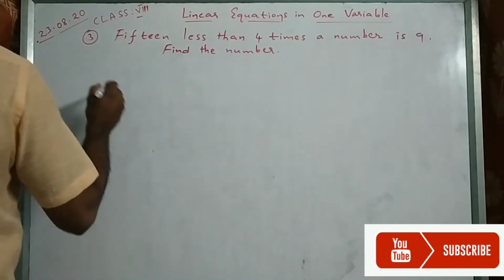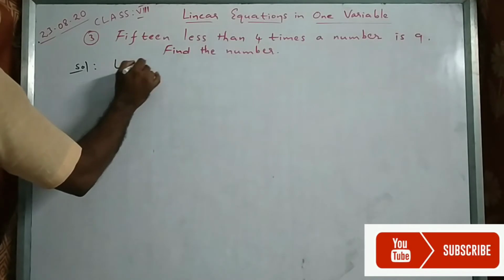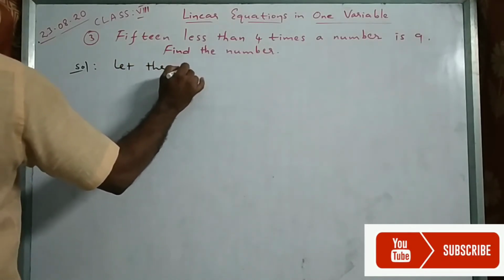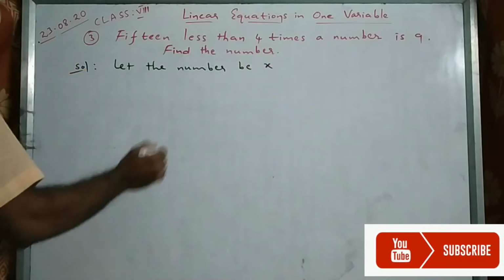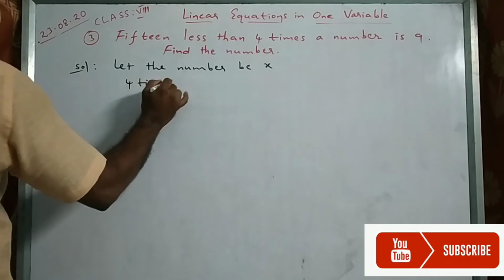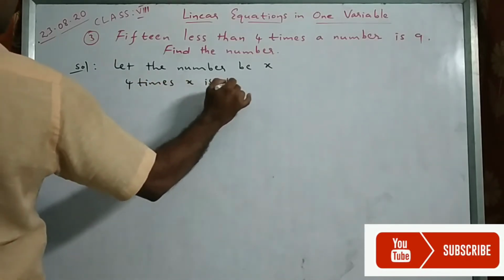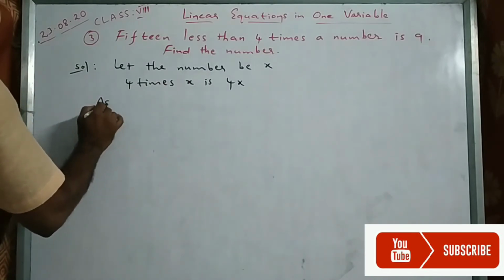So how do you calculate this? Find the number: let the number be x. 4 times a number, so 4 times x is 4x. How much less here? 15 less.